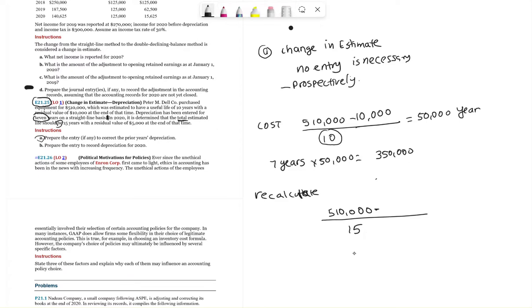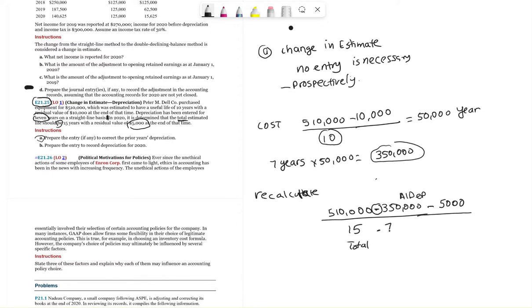There are two ways of doing it. I will show you, and you'll get the same answer. Seven years has gone by, so the accumulated depreciation is 350,000. The new residual value is 5,000 instead of 10,000. We subtract the accumulated depreciation from the cost, and the years gone by from the total life.